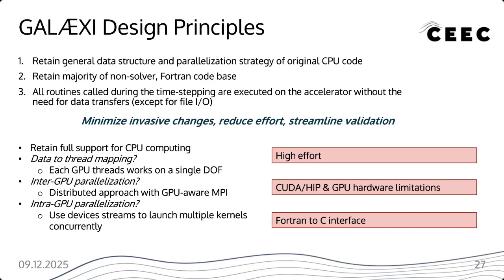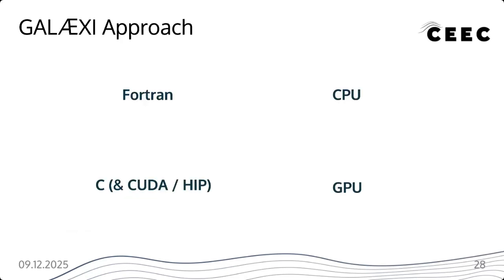And we're introducing extra software complexity with that Fortran to C interface. I can tell you from our experiences with GALÆXI that those bottom two things, the GPU hardware limitations and the Fortran to C interface, are going to be the two things that give you the most nightmares. Fighting those two things is where all of your time goes. If you're scared about writing kernels, I can assure you that is actually one of the easier parts of this.